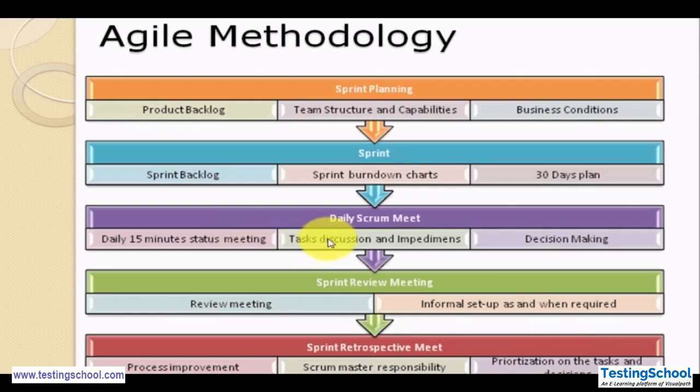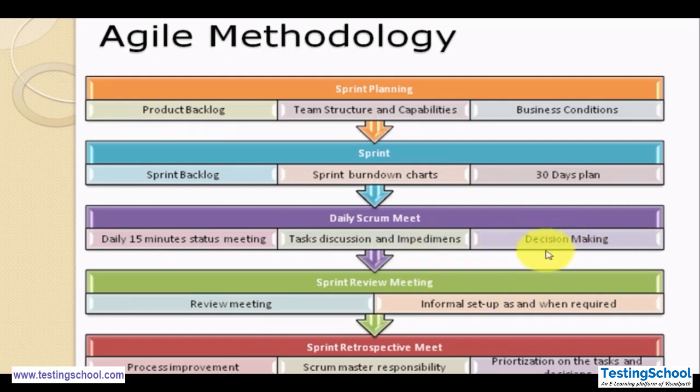Then we have task discussion and impediments. In the scrum meet, we discuss any challenges, any issues in the team, any environmental issues. Anything regarding our project, we discuss in our scrum meeting.